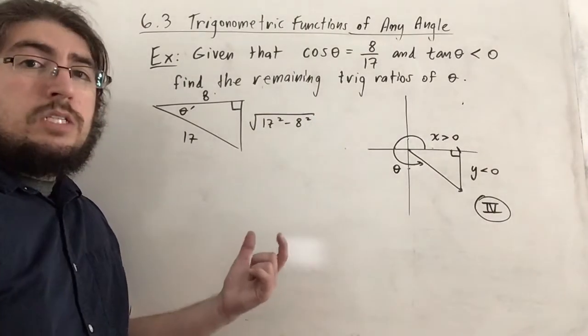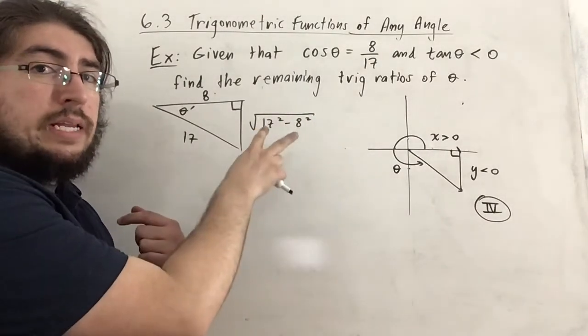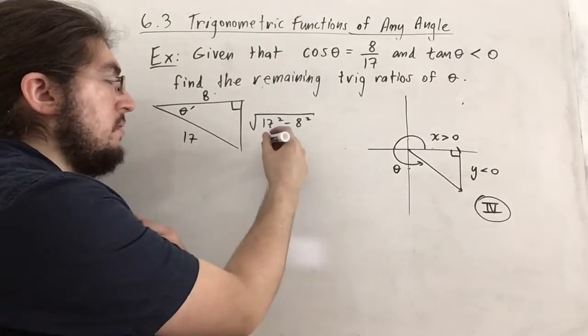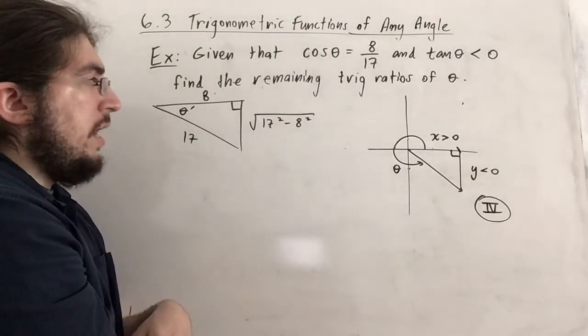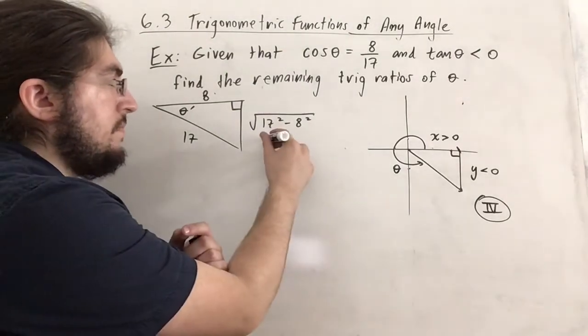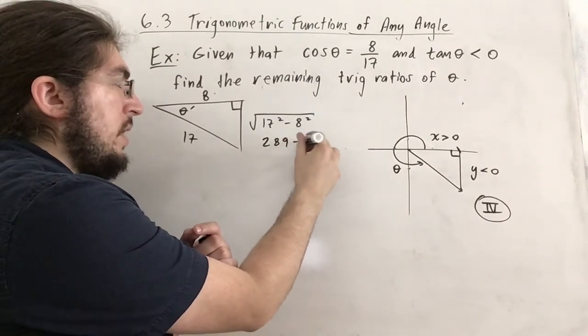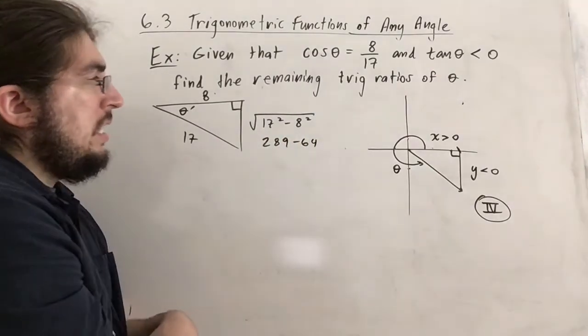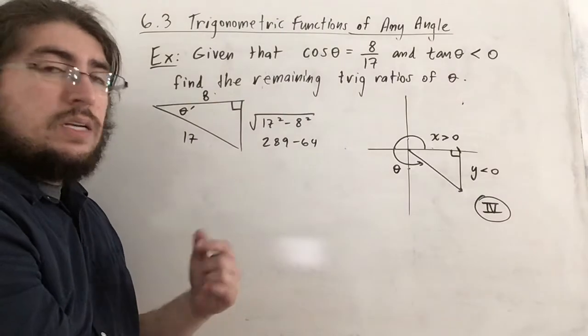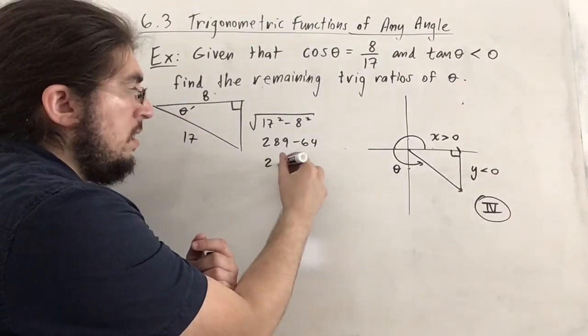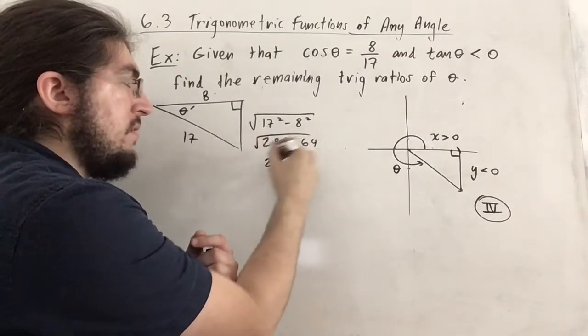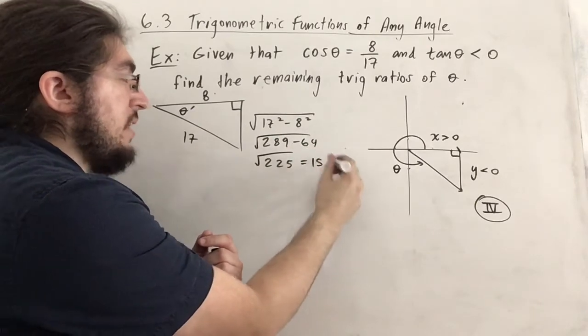Since the hypotenuse is always the sum, you would be subtracting from the hypotenuse. Now 17 squared I know will be 289. So this is 289 minus 64, and 289 minus 64 is 225, which is nice because the square root of 225 just gives you 15.